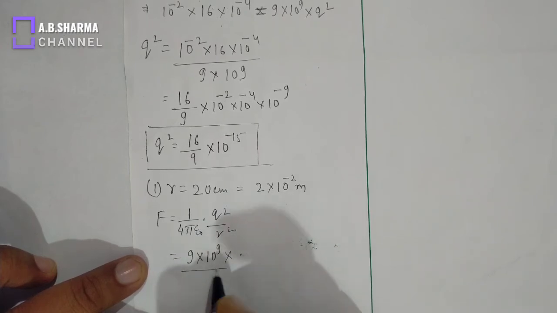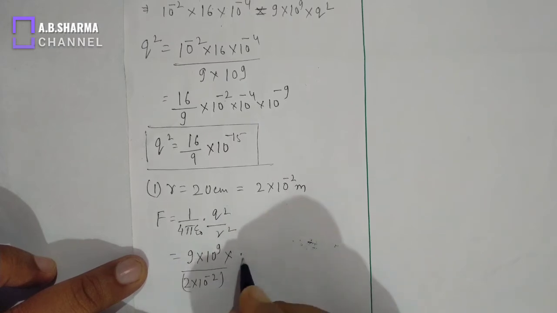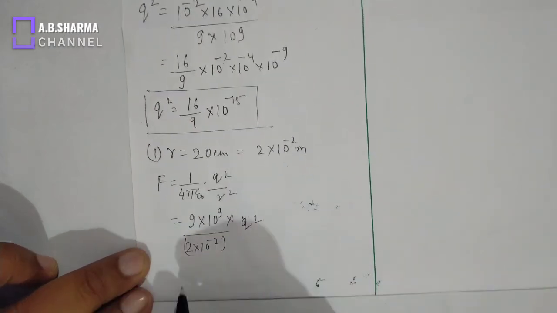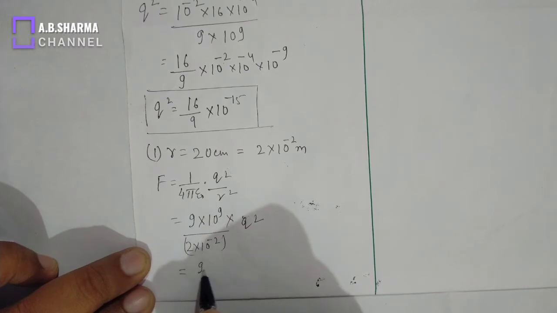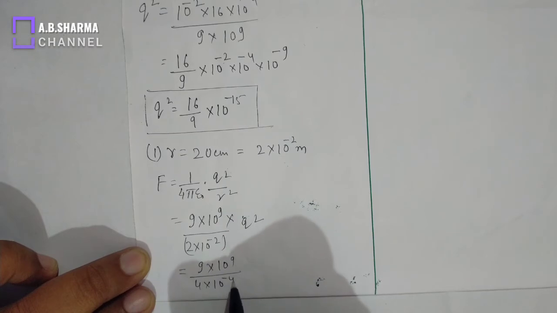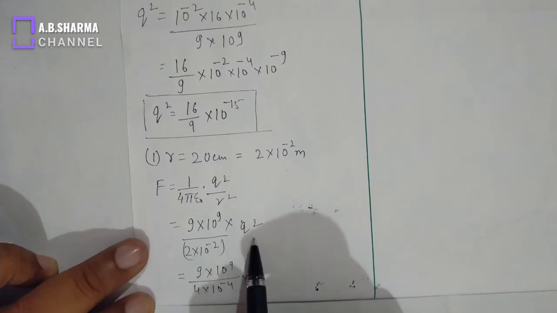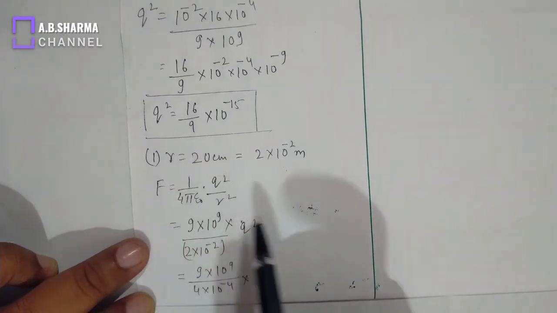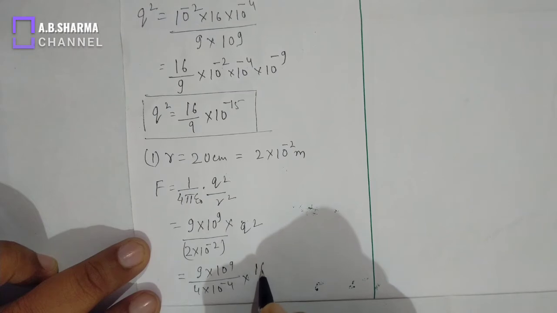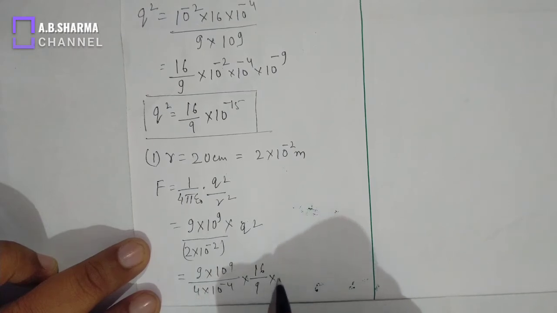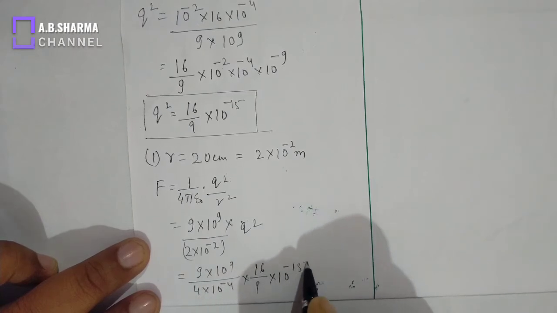R square is how much? This is 2 into 10 to the power minus 2 square and Q square. So this will become 9 into 10 to the power 9, and this is 4 into 10 to the power minus 4, and Q square, the value of Q square we have already found, that is 16 by 9 into 10 to the power minus 15.